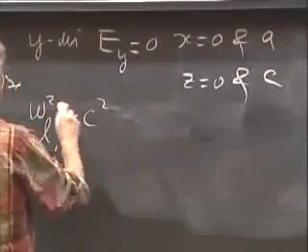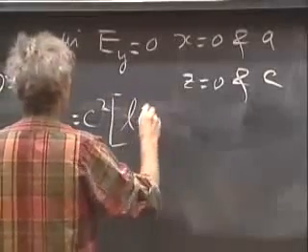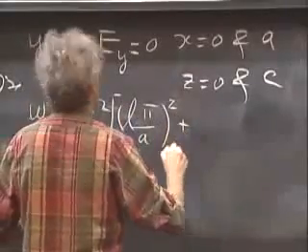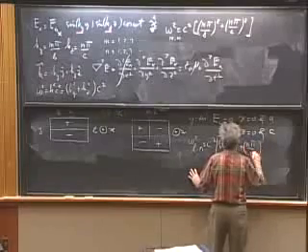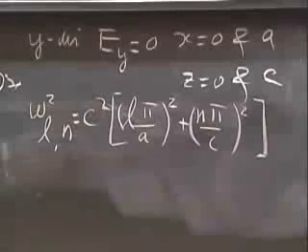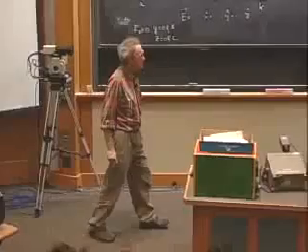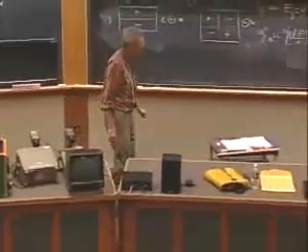I will do it in terms of squares, and then I will get lion pi over a squared plus Nancy pi over c squared, and that's it. So now I have another infinite family of values for L as in lion, N as in Nancy, which give me the resonance condition in the y direction.